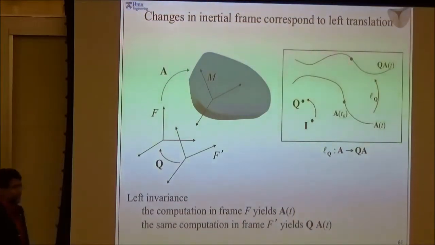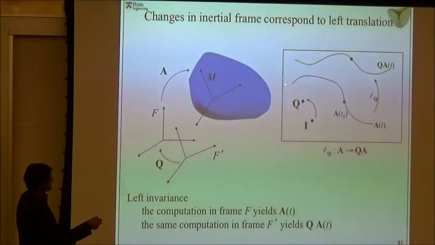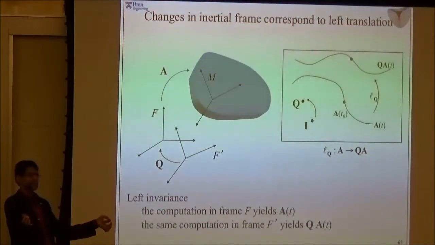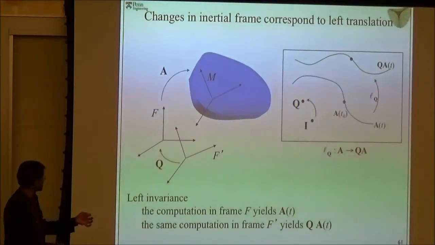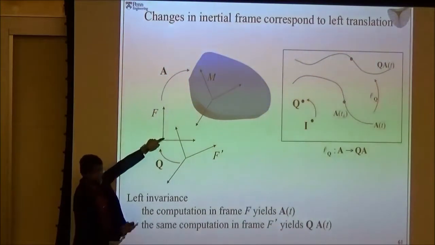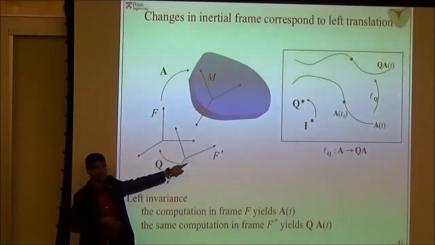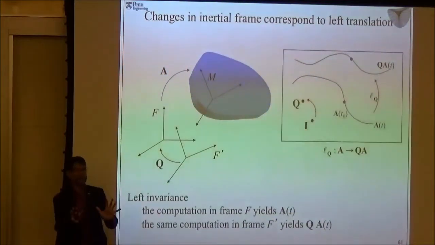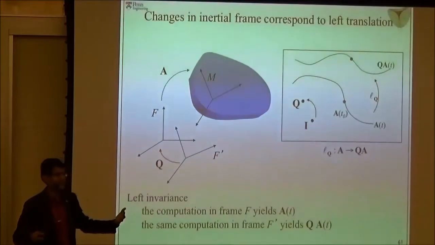Right? So if I again think about the shortest distance path from here to here, and let's say I have a little algorithm on SE3 to calculate the shortest distance path. If I do it in this frame, I get A of t, then doing it in that frame should give me the result Q times A of t. If not, then something is wrong with my algorithm, and I've actually made a mistake, because it's not left invariant.